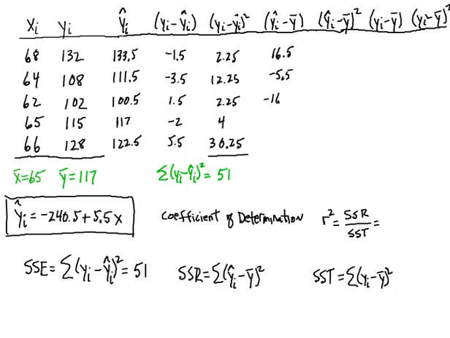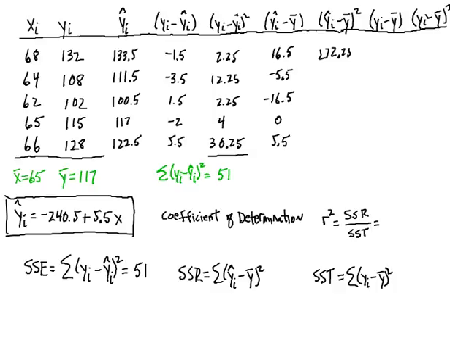And then continuing to do everything in a like manner. And then I'm going to want to square these values. So 16.5 squared is 272.25.